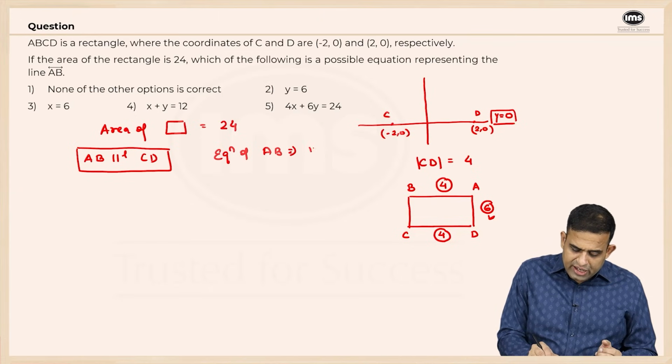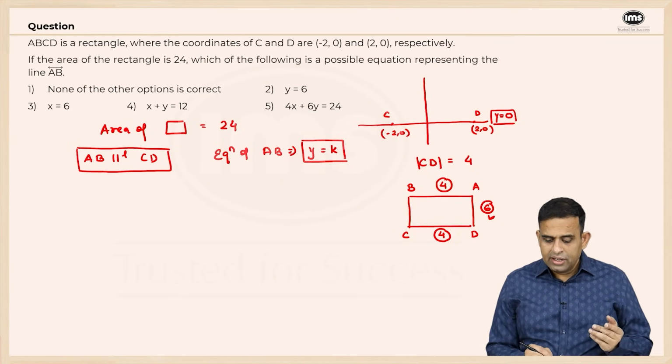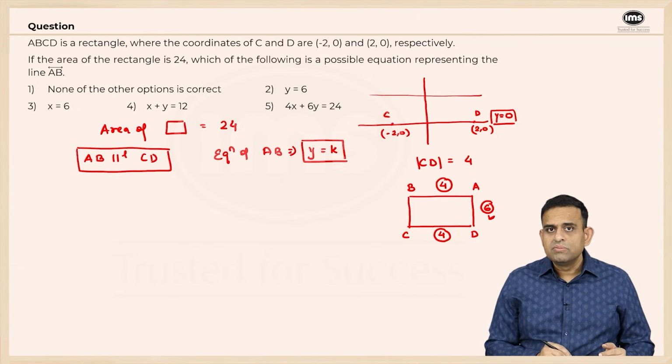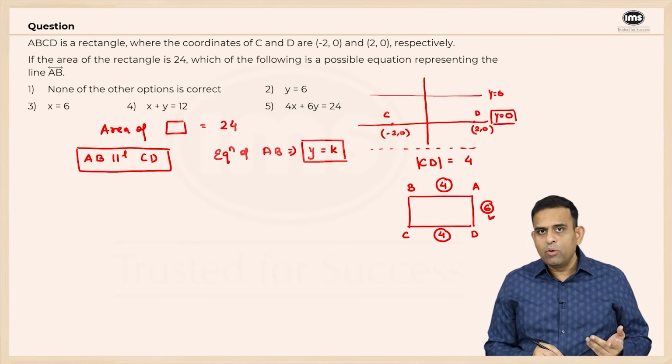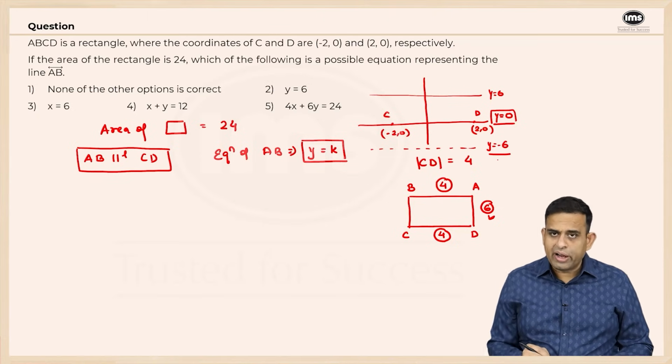So it has to be y equals a constant. And since the distance between them should be equal to 6, understand that line AB can be above CD like this. So it could be y equal to 6, or it can also be below CD. So this could be y equal to 6 or y equal to minus 6.